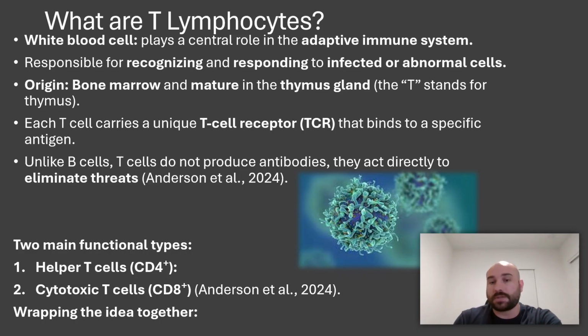There are two main types of T cells: the helper T cells, known as the CD4 positive cells, and the cytotoxic T cells, called CD8 positive cells. Altogether, these T lymphocytes are essential to maintaining cell-mediated immunity, the part of our immune system that focuses on what's happening inside of our bodies.